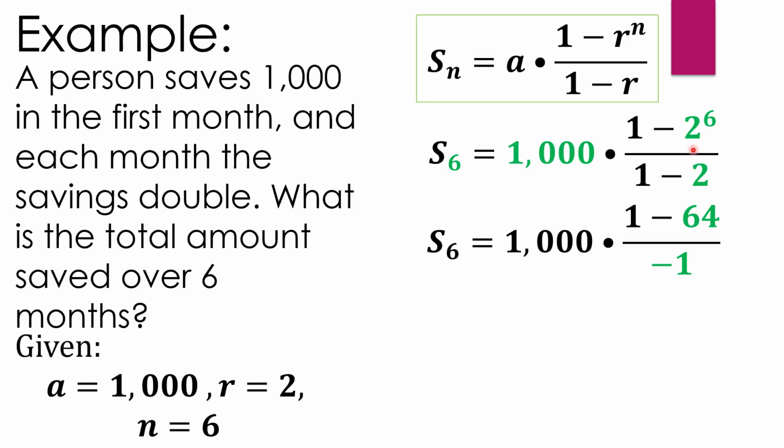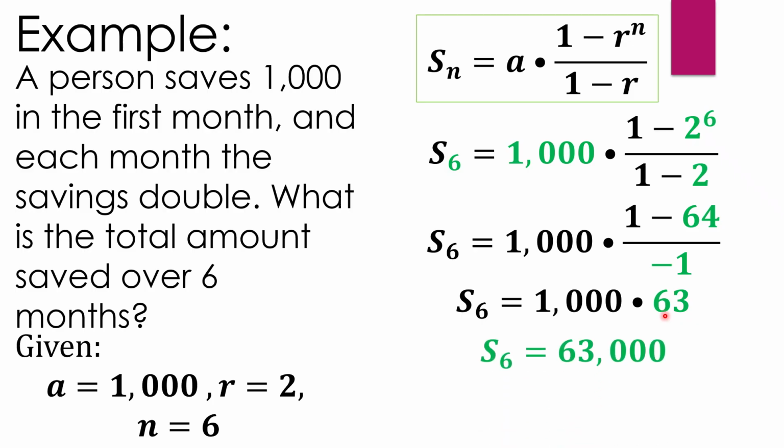So 2 times 2 times 2 times 2 times 2 times 2. So you'll get 64. Then 1 minus 64, that is negative 63. Then negative 63 divided by negative 1. So you'll get a positive 63. Then multiply a positive 63 by 1,000. So 1,000 times 63, that is 63,000.